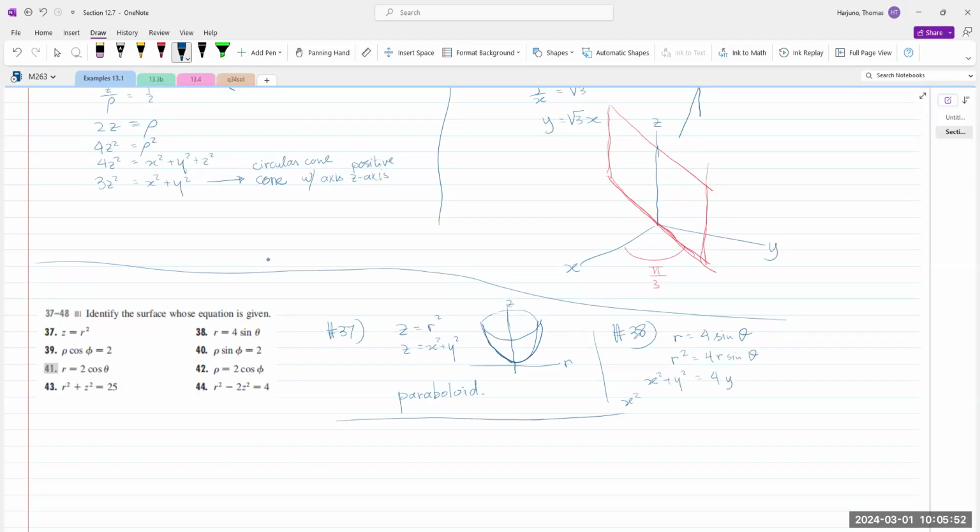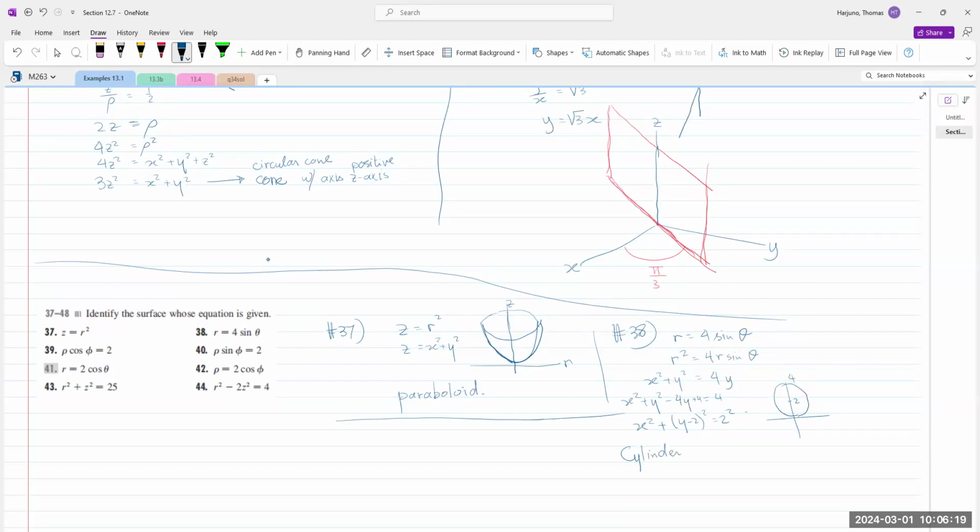And it gives us, fast forward, I will add 4 to complete the square. So I get x squared plus (y minus 2) squared equals 2 squared. This is a cylinder in 3 dimensions. In 2 dimensions, it is a circle centered at (0, 2) with radius 2. Right? But in 3 dimensions, then it becomes a cylinder.